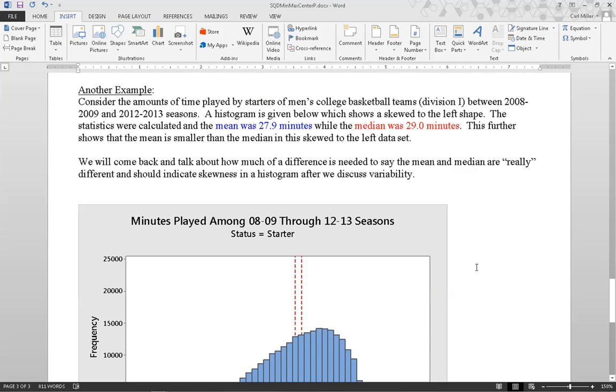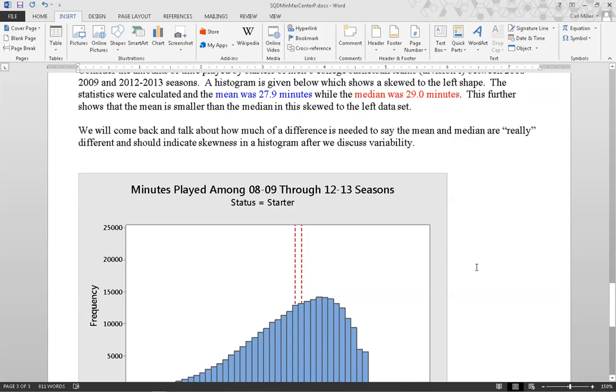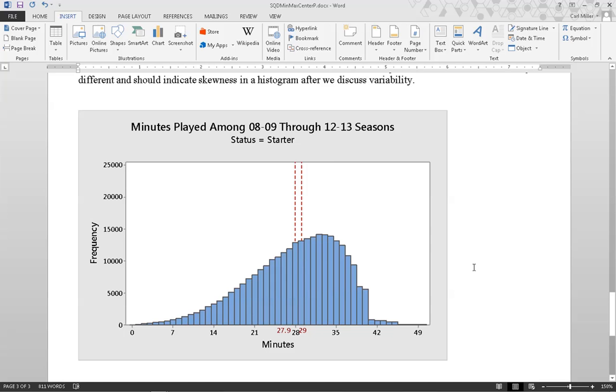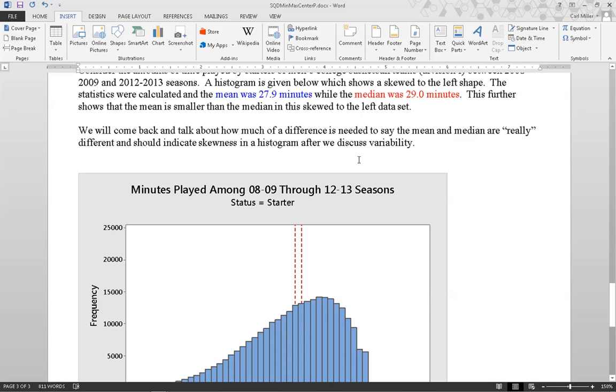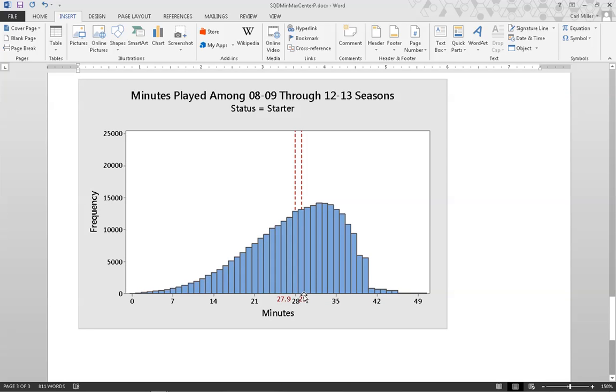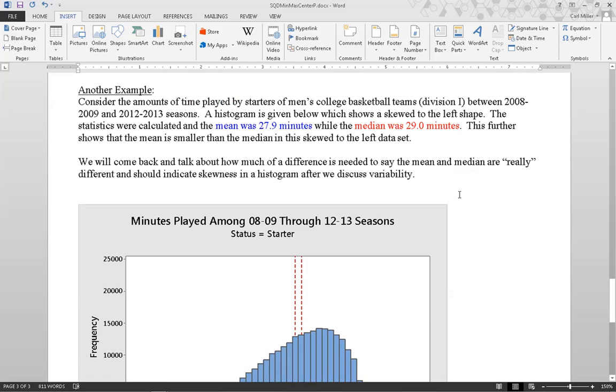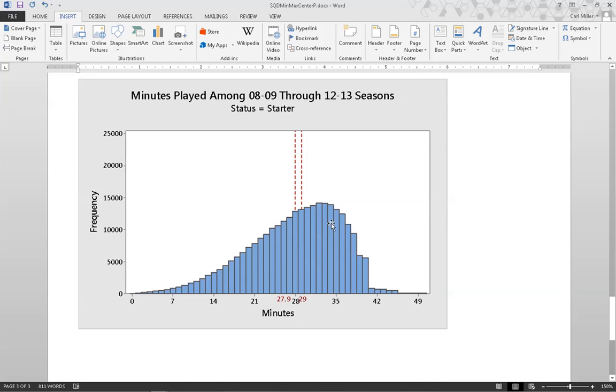The statistics were calculated and the mean was 27.9 minutes, while the median was 29.0 minutes. This further shows that the mean is smaller than the median in this skew to the left data set.